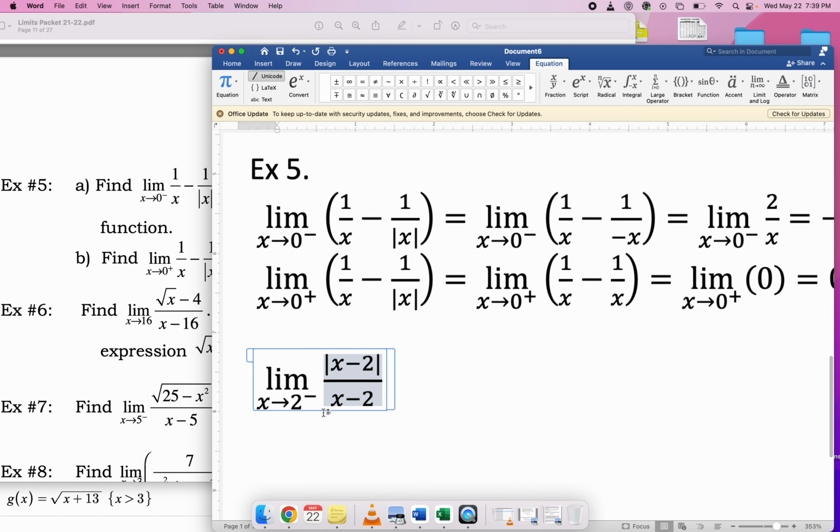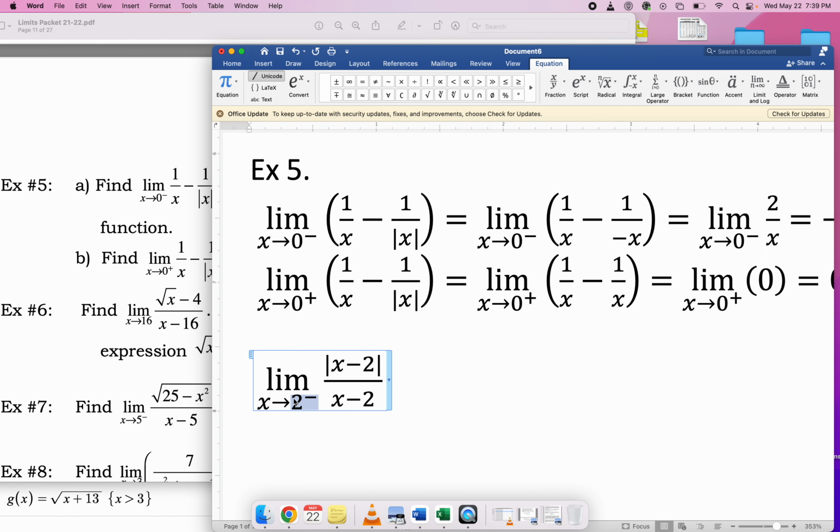Now, sometimes people have a misunderstanding about these problems, and they'll say, oh, well, positive 2, that's a positive number, which means that the absolute value function applied to x minus 2 is just x minus 2. That's wrong, okay?